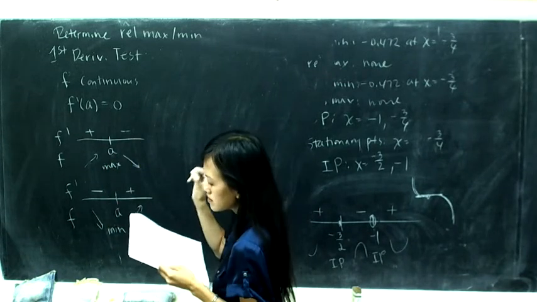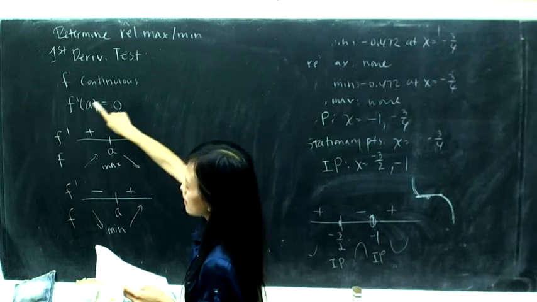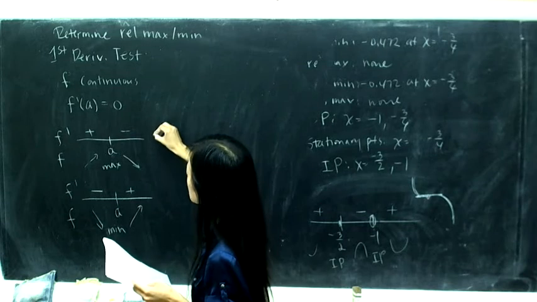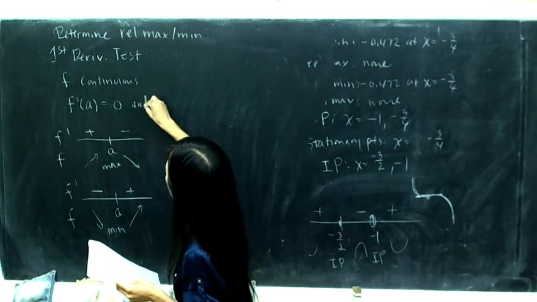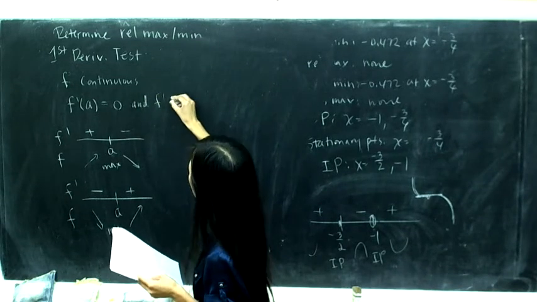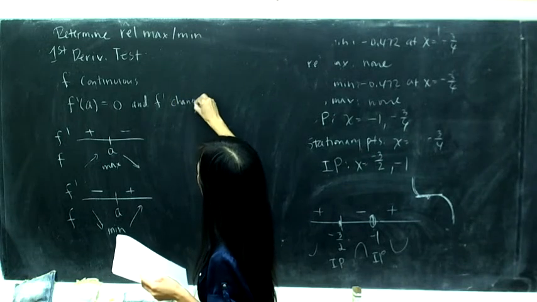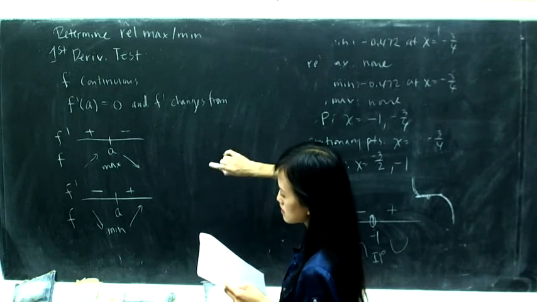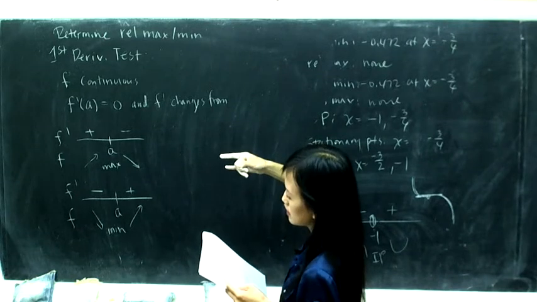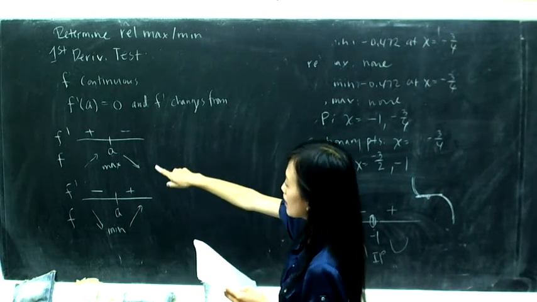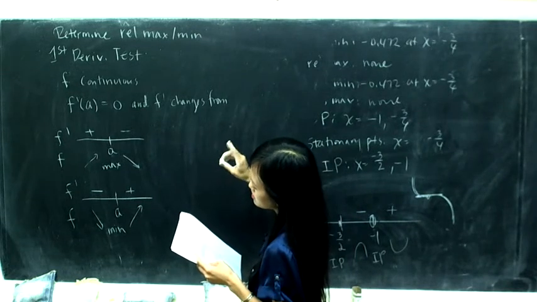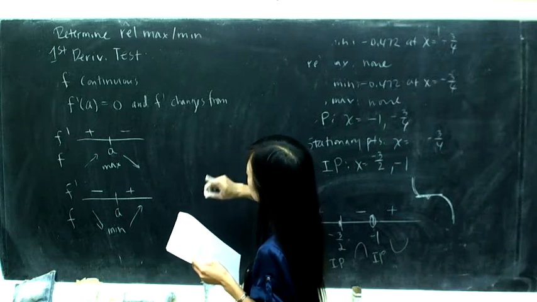So in words, I think the book talks about it as f prime at a is 0. And if f prime changes from a positive to a negative about a, or actually from left to right, let's see, how's it phrased? F prime changes signs as you move from left to right.